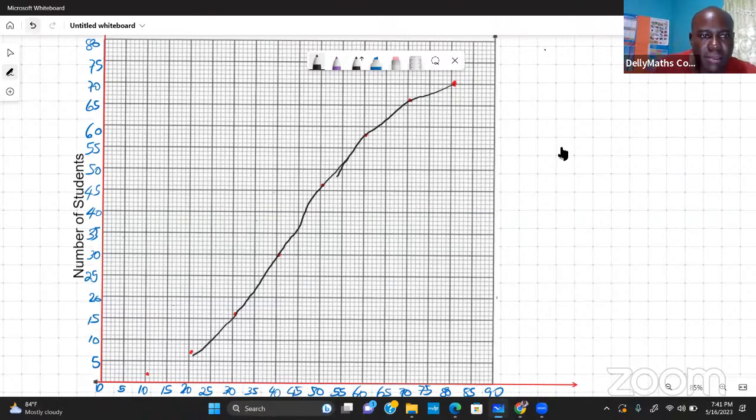All right, that one missed. So basically that's my cumulative frequency right there. A little bit ugly. The software is kind of shaky right now, but I'll work with that.